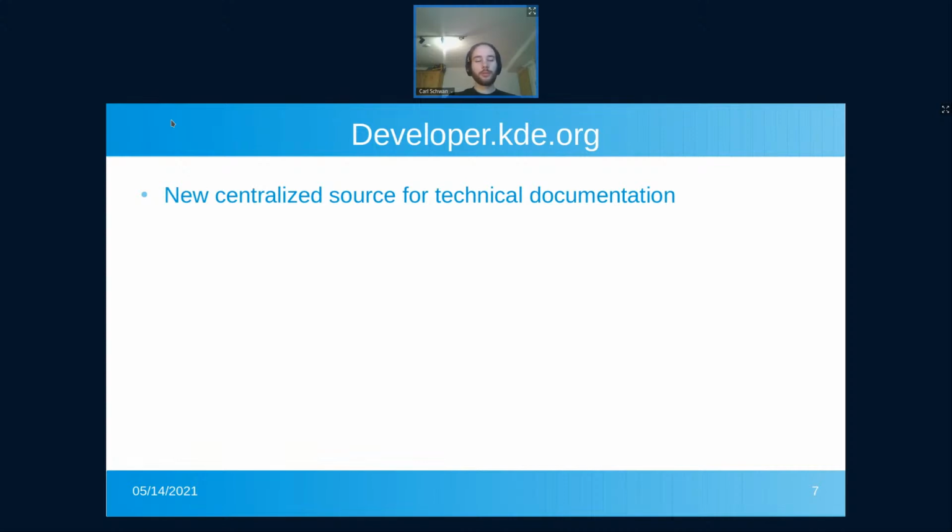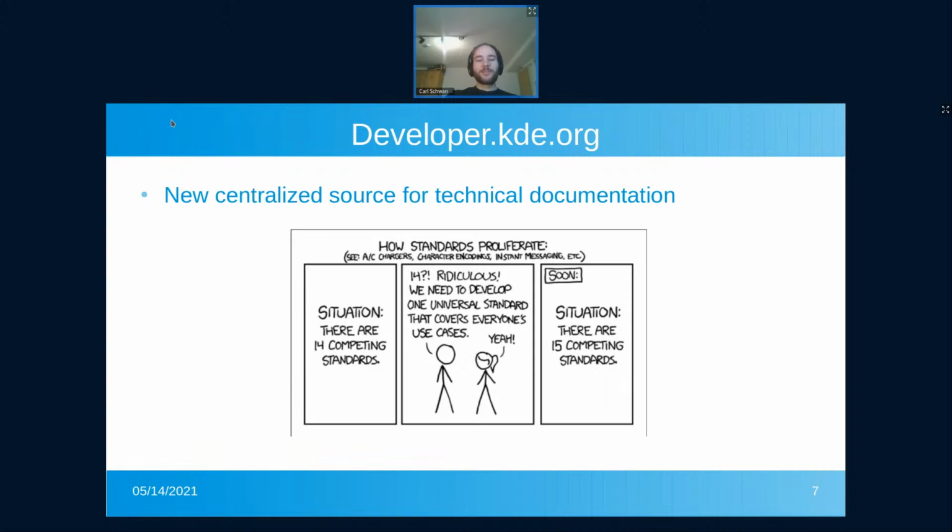We had the framework cookbook, the TechBase wiki, the community wiki, the Human Interface Guidelines websites, the Plasma mobile websites, and the goal was to create some sort of centralized source for moving all these bits to one place.